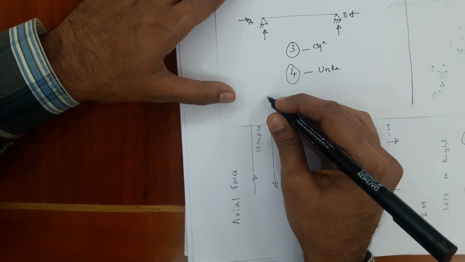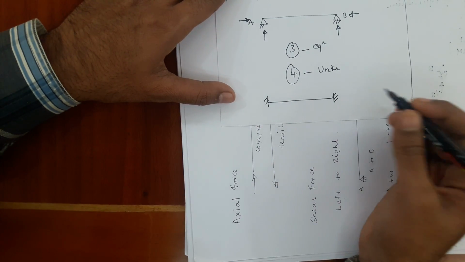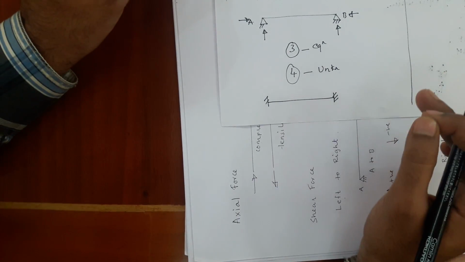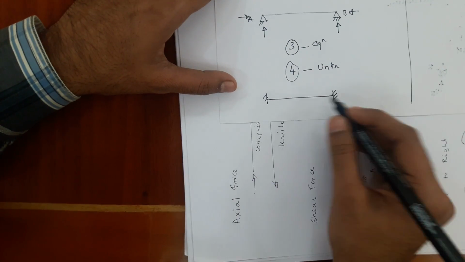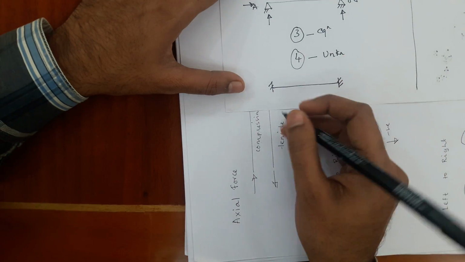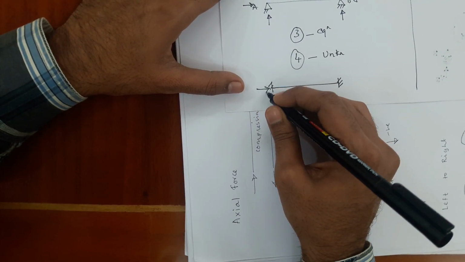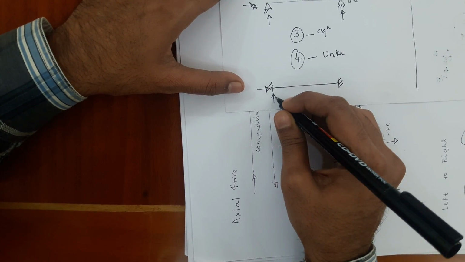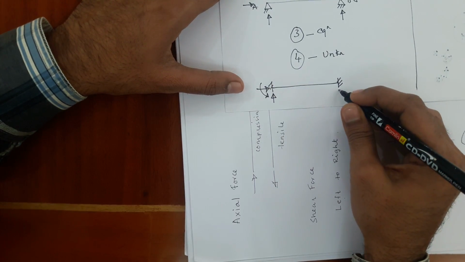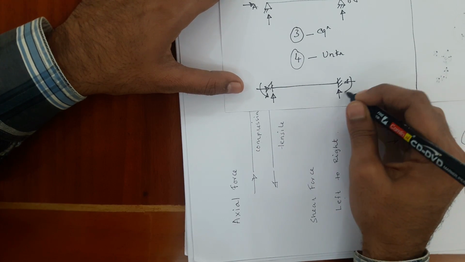I can take the most common type of beam in residential and public buildings. Almost all beams are fixed beams, meaning they are supported on either side by fixed supports. In a fixed support, we know from the basics, the fixed support is offering three reactions: horizontal, vertical, and moment. Here also three reactions: vertical, horizontal, and a moment.